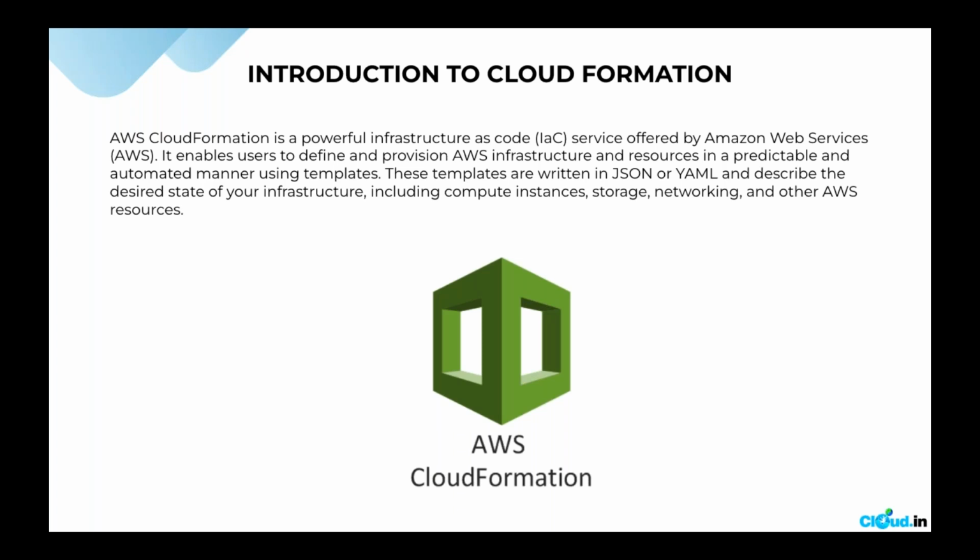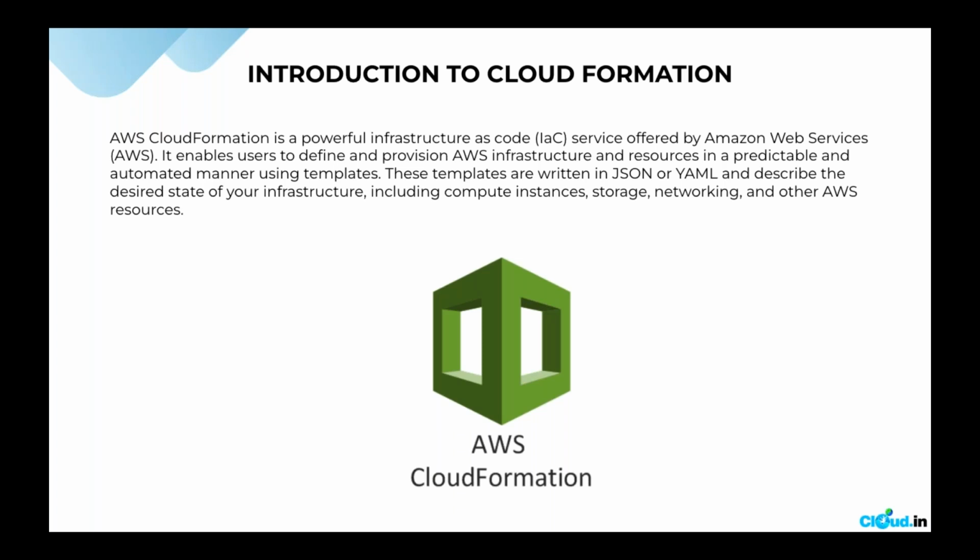So the key concepts that you should keep in mind while using AWS CloudFormation, firstly comes the templates. CloudFormation templates are like the heart of the service. These templates are written, as I said, in JSON and YAML, and they define the AWS resources, their configurations, and any dependencies between them.